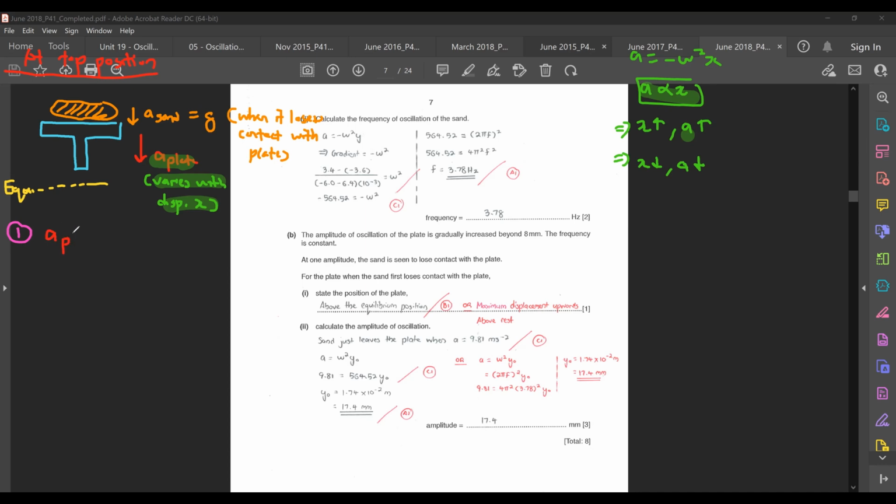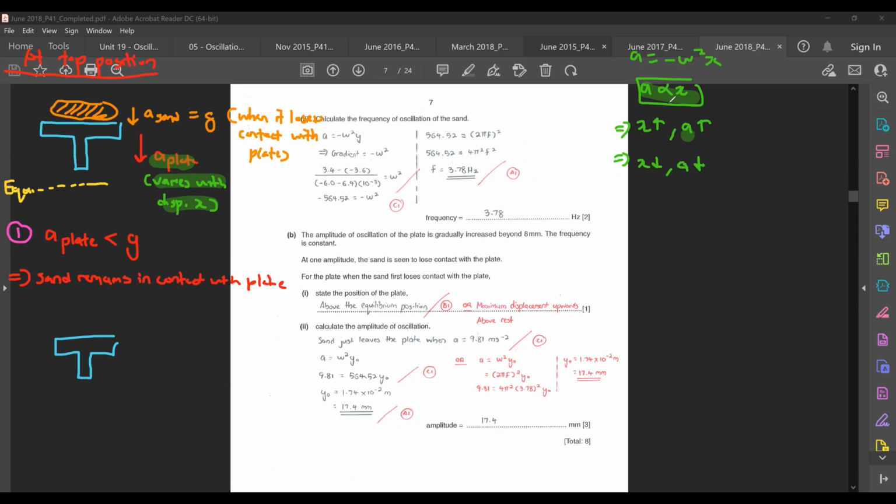Now, let's consider this. If the a of your plate is actually less than g, what will happen is that your sand remains in contact with the plate. Because it could be something like this.